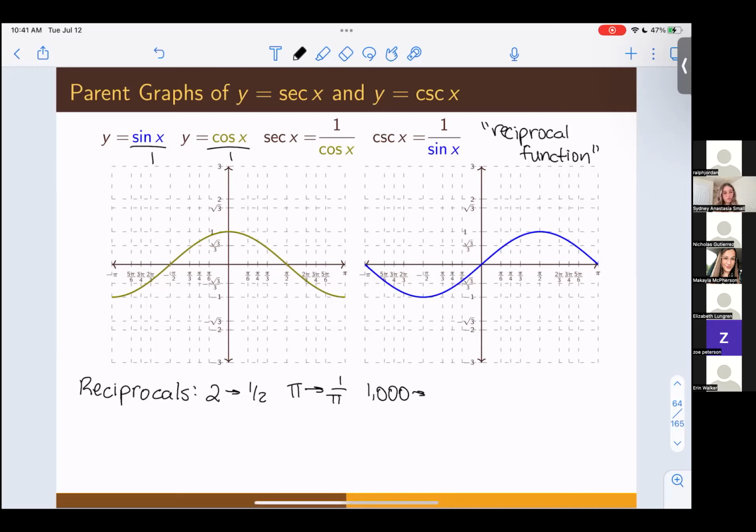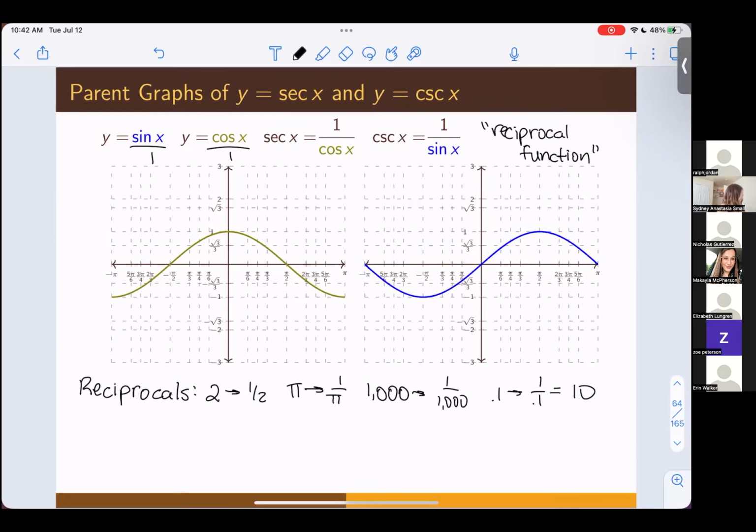Reciprocal of 1,000, which is a fairly large number, is 1 over 1,000. So they get pretty small. What about the reciprocal of 0.1? The reciprocal of that is 1 over 0.1, but we don't like decimals in the denominator. So if you do this division, you can verify this in your calculator. The reciprocal of 0.1 actually happens to be 10. So when they start to get smaller or less than 1, the reciprocals grow.